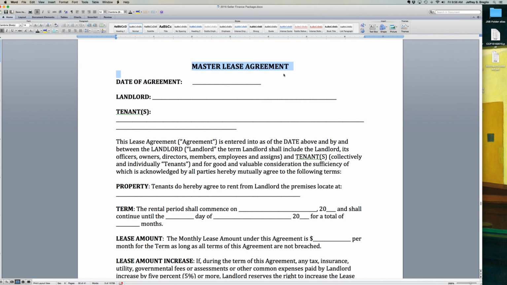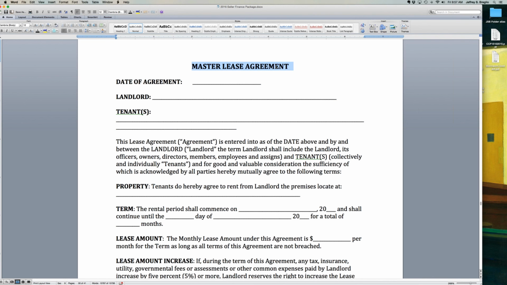Because what this does is you are renting it from the seller and you have the right to sublease it to somebody else. It's called a sandwich. Okay, this is the sandwich lease. It allows you to say you lease it from the seller for $900 a month, and then you turn around and sublease it to somebody else for $1,000 a month, and you collect $100 a month in the middle. Okay, and so this one is just a lease agreement, but allows the tenant to sublease it out.